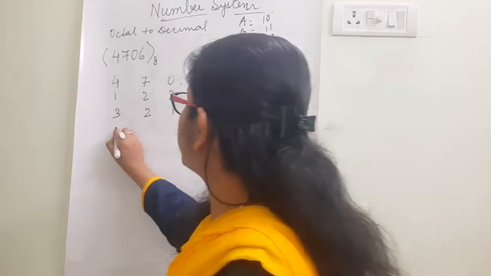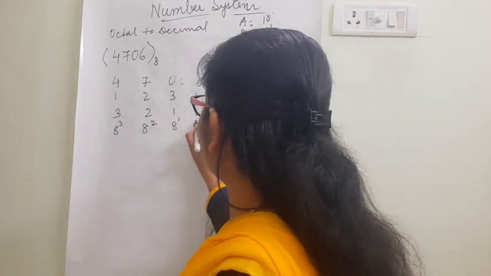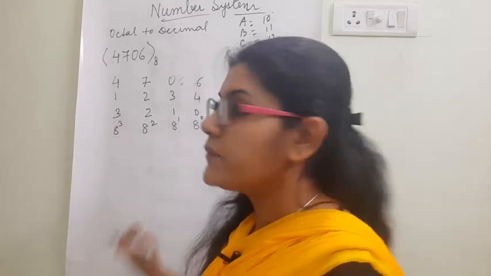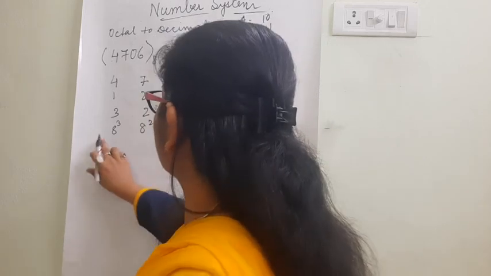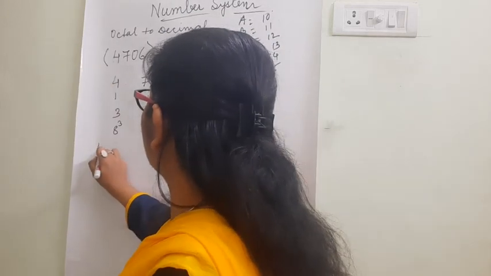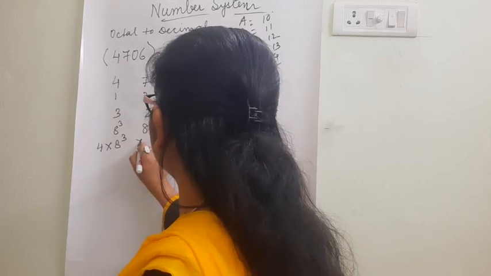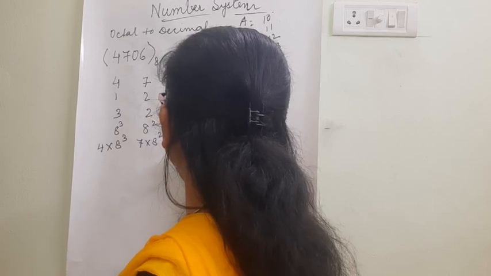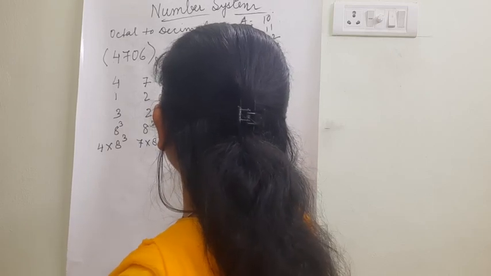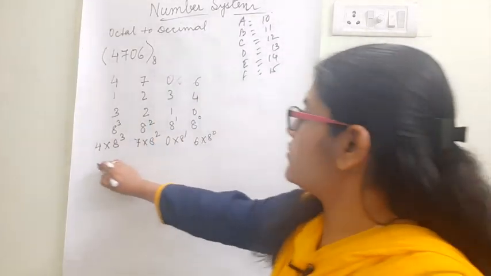So 8 to the power 3, 8 to the power 2, 8 to the power 1, 8 to the power 0. 4 into 8 to the power 3, 7 into 8 to the power 2, 0 into 8 to the power 1, 6 into 8 to the power 0. Clear?